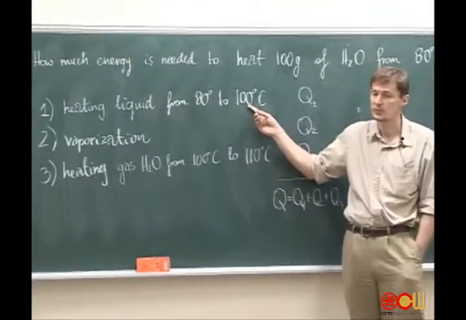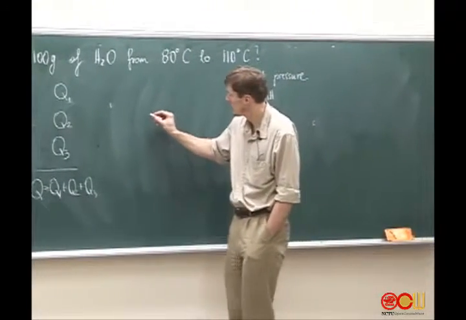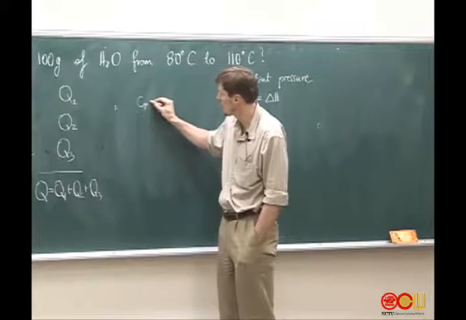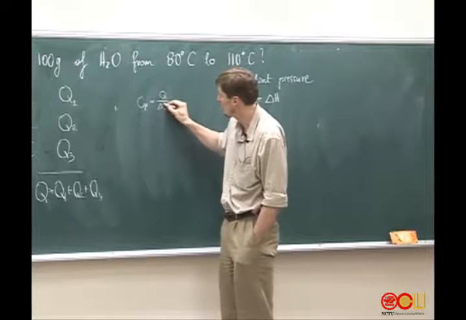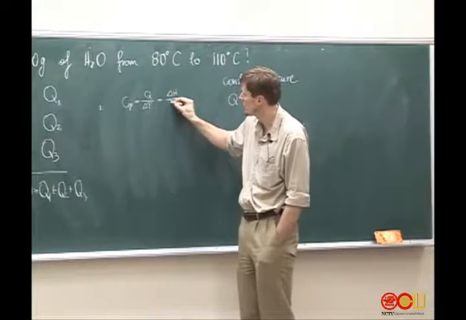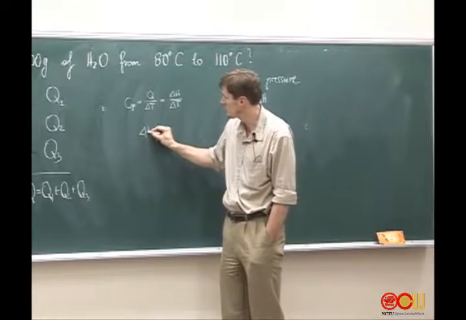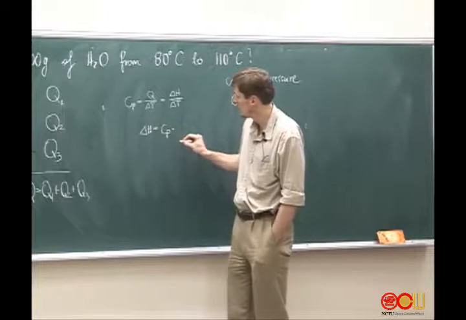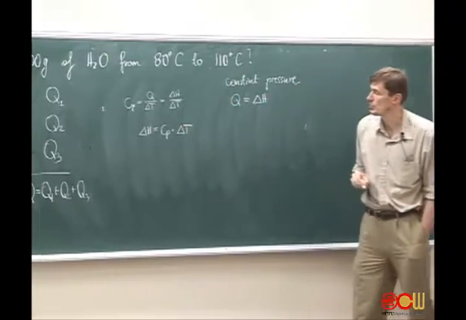This is a physical process, and you know that the heat capacity at constant pressure was defined as Q over delta T, which is delta H over delta T. From this we get that the change of enthalpy is the heat capacity multiplied by the change of temperature.